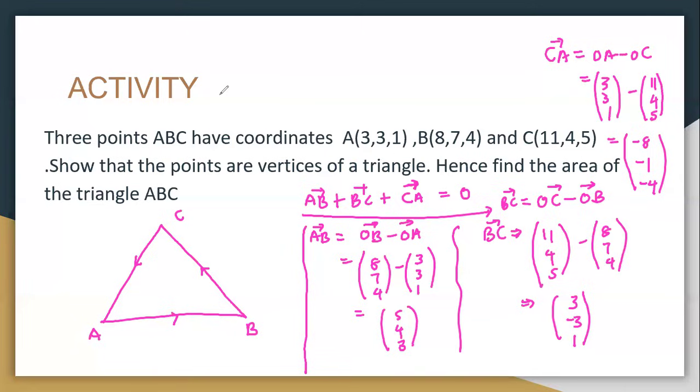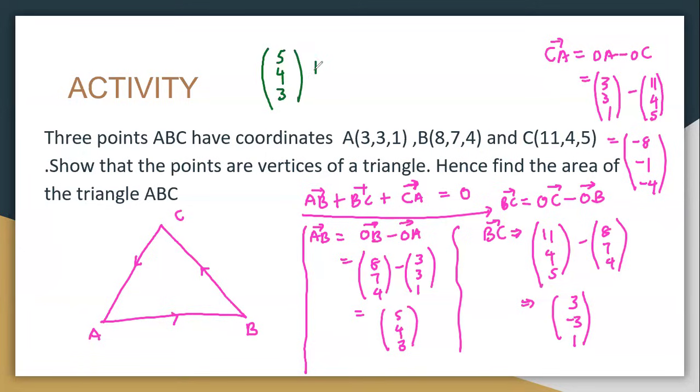After obtaining those individual vectors AB, BC, and CA, I said that if I move from A to B, B to C, and C to A, my displacement has to be 0.